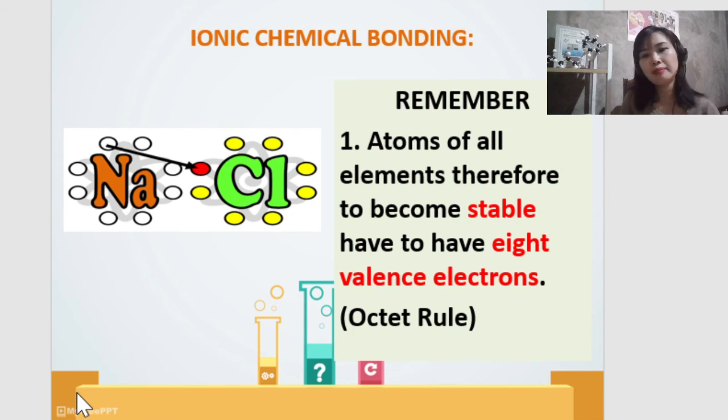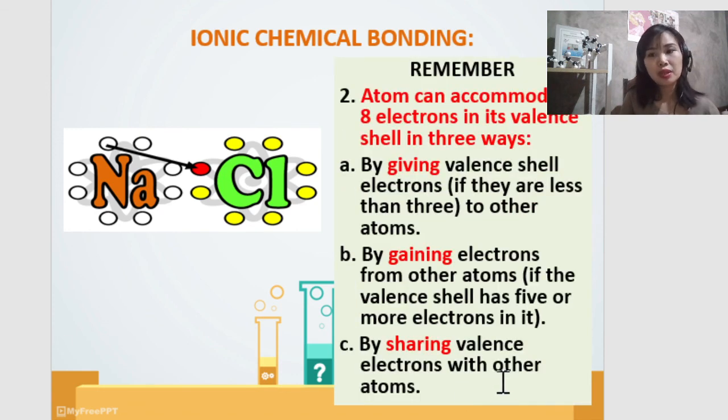So remember, number one, atoms of all elements, to become stable, have to have 8 valence electrons. That's according to the octet rule. Number two, atoms can accommodate 8 electrons: giving valence electrons if they have less than 3 valence electrons, gaining electrons if they have 5 or more valence electrons, and the third, sharing.